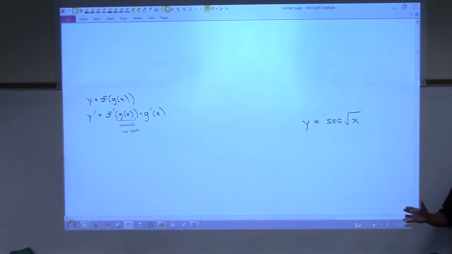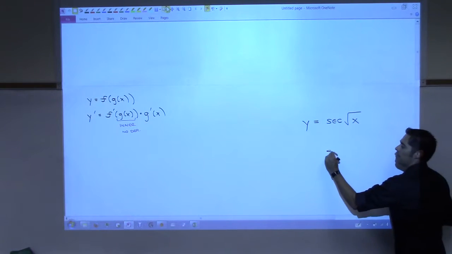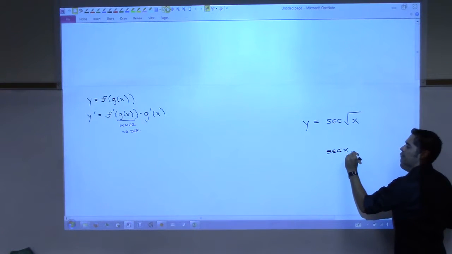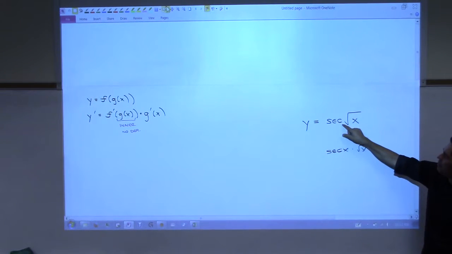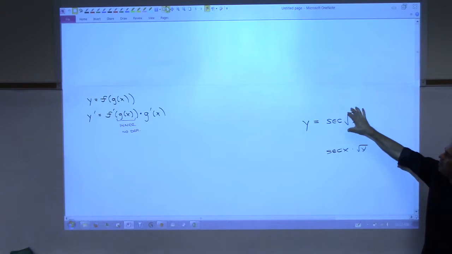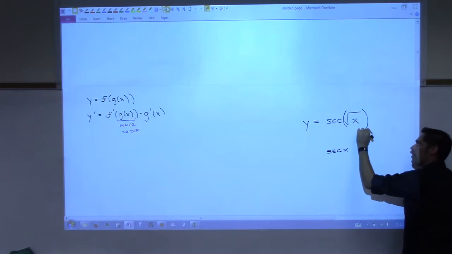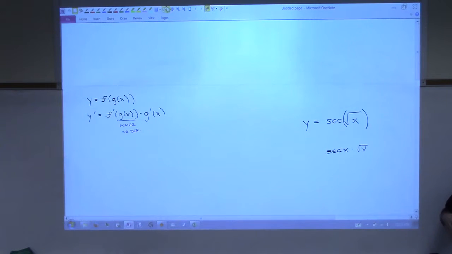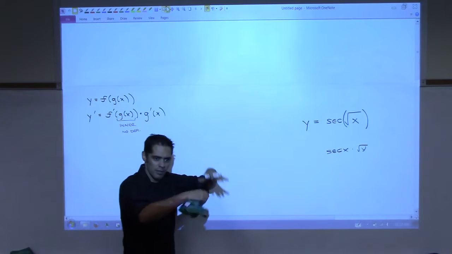Times x to the 1. Okay, is that secant times root x? No, it's secant of root x, right? This is never going to be multiplication with a trig function, unless it said, like, secant x times root x or something like that. But the secant, just by itself, it's implied that this is the argument of the secant function. So this is sitting inside of there. Okay, so that is not product. It's not quotient, right? There's no division.